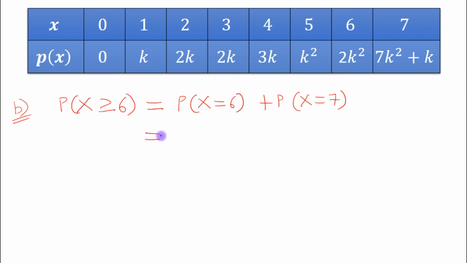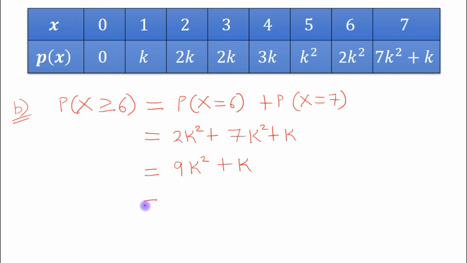So it will be 2k square plus p(x equals 7), which is 7k square plus k. In the next step it will become 9k square plus k.